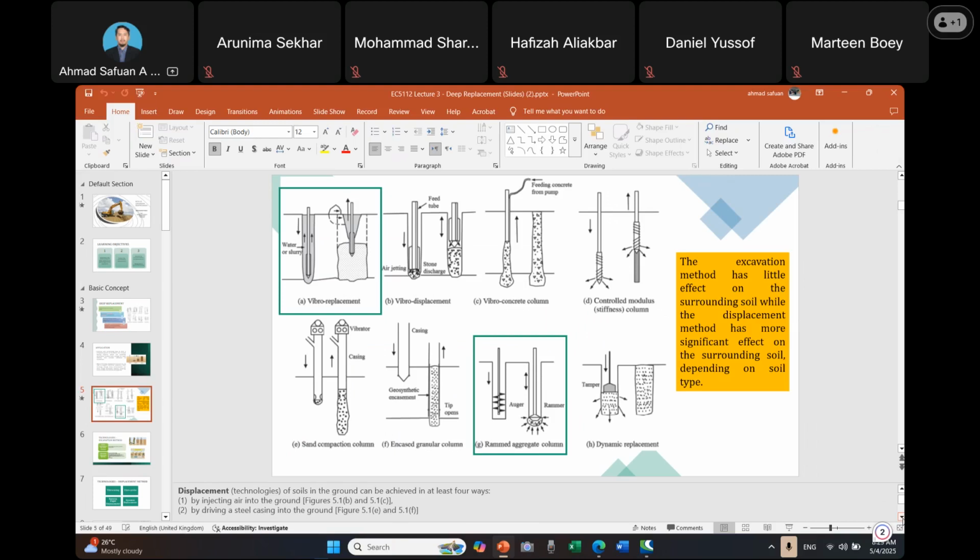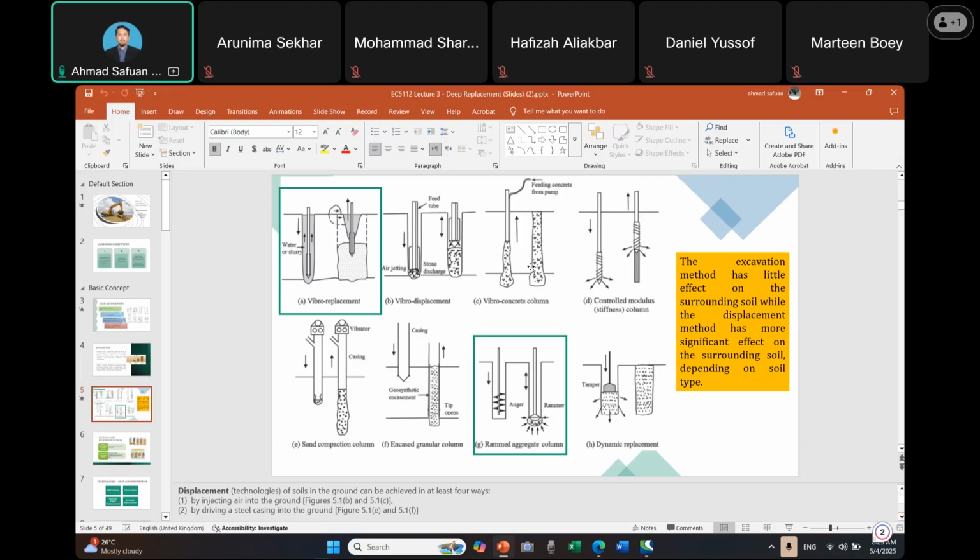Another part is by using displacement. The first one is by injecting air into the ground, which is the PNC. So they use what we call air.